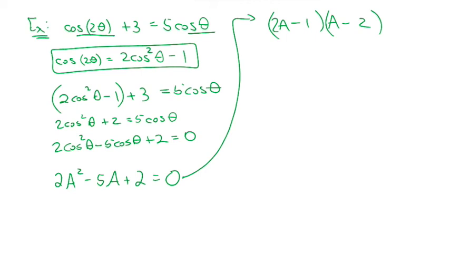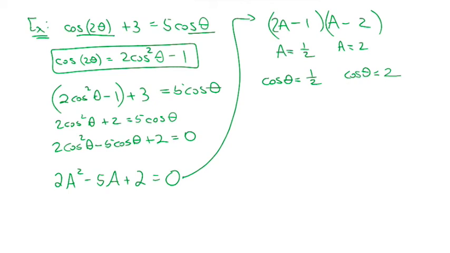We got 4A, 5A, positive 2, and 2A squared. Yeah, that works. So one of your answers is going to be A equals 1/2, and A equals 2. And A was originally cosine. So this is cosine of theta is equal to 1/2, and cosine of theta is equal to 2.